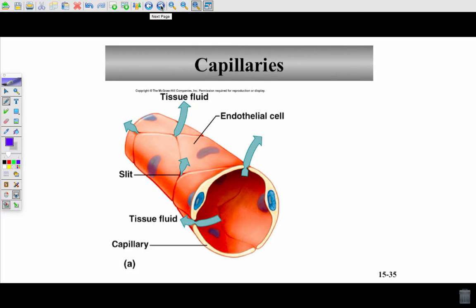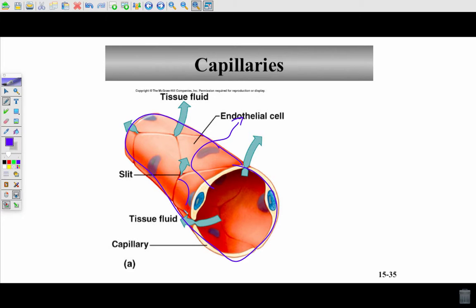Okay, capillaries. These are the smallest diameter blood vessels. And really, the capillary is just the endothelial lining extended from the arteriole. Okay, so it's only endothelial. It's one layer thick, semi-permeable.